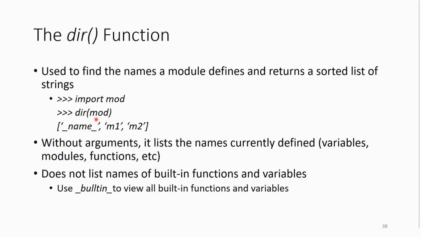So if you print, for example, dir of NumPy, it will print all the functions that are inside NumPy, or subfolders. It will not print the inside of the subfolder, but it will print the name of the subfolder. Then what you could do is use dir of NumPy dot that subfolder, and it will print the content of that subfolder.